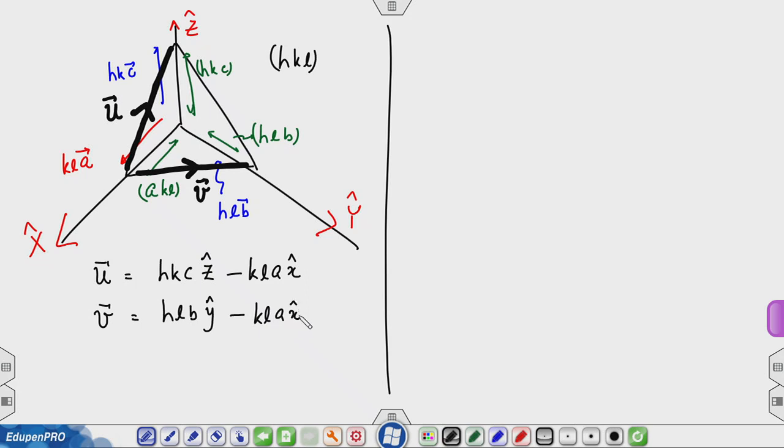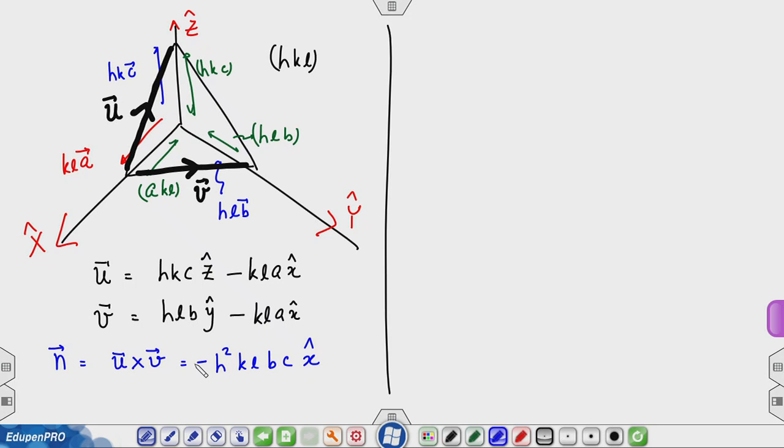I am now ready to find the normal to the plane, and the normal vector is going to be u cross v. I will not worry about the sign right now, because that does not really matter. The first one is h square k l b c, z cross y, that is x with a minus sign.